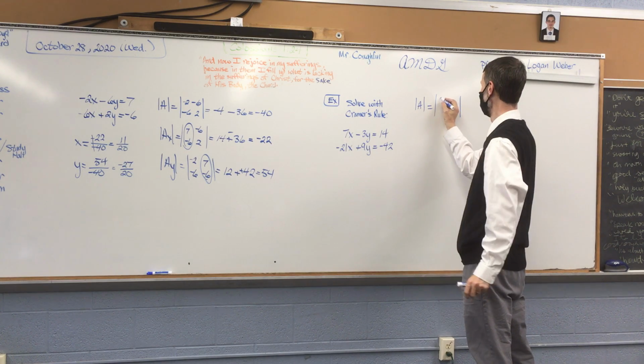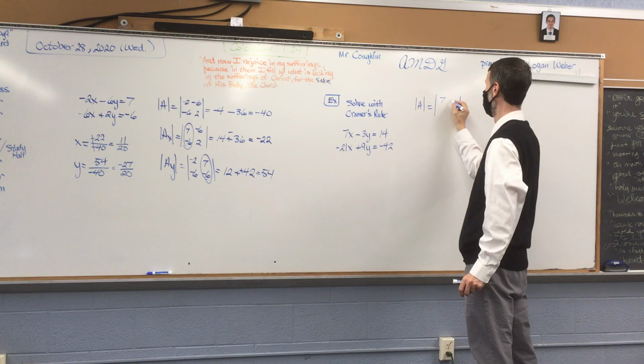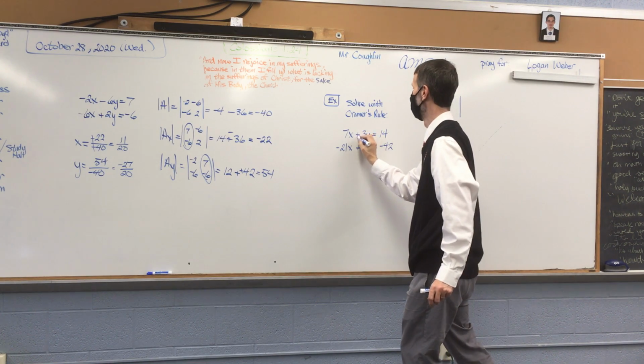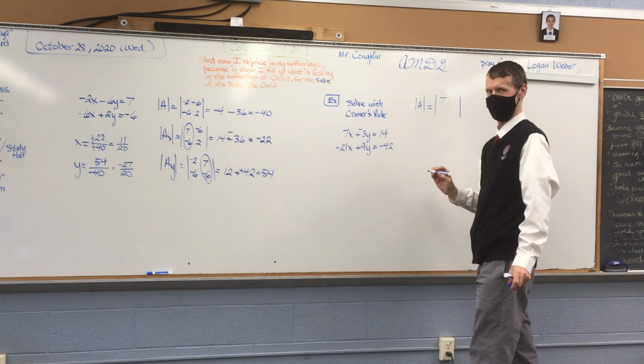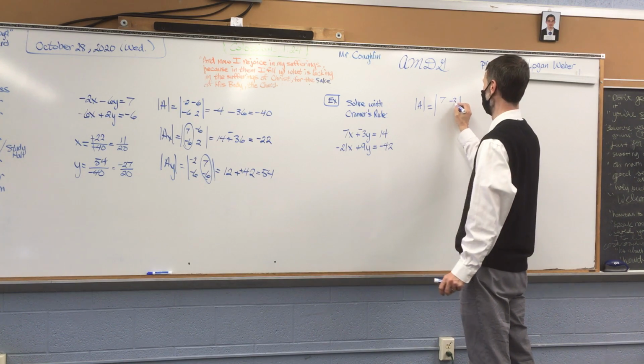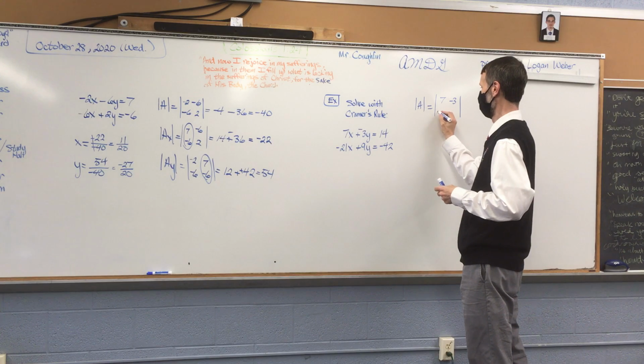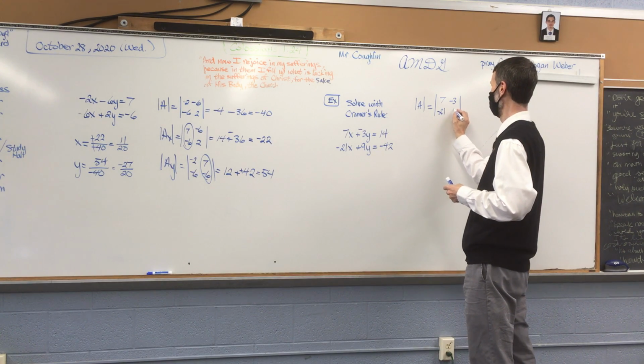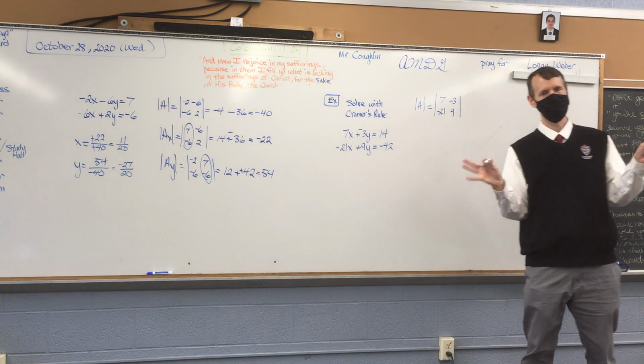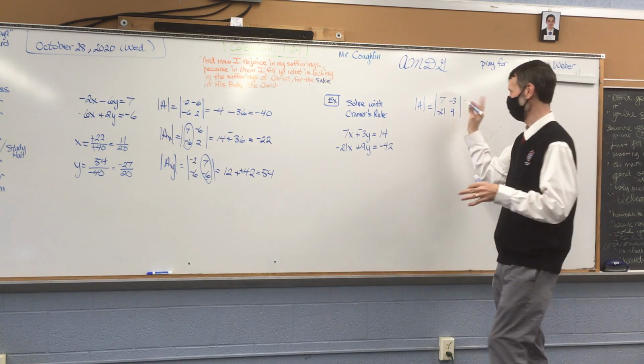Yeah, so it would be 7, negative 3, good. That's why I had subtraction, by the way. Well, one of many reasons. Negative 21 and 9. That's matrix A determinant. We'll get that in a second.